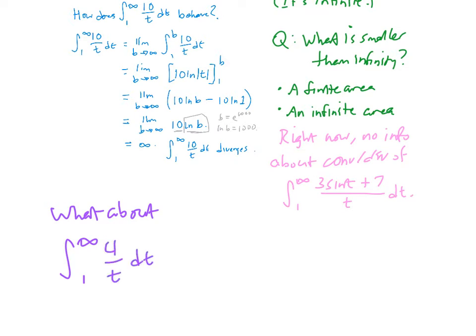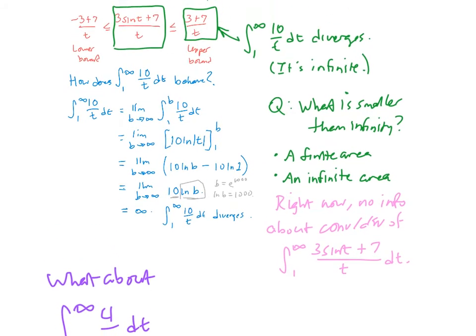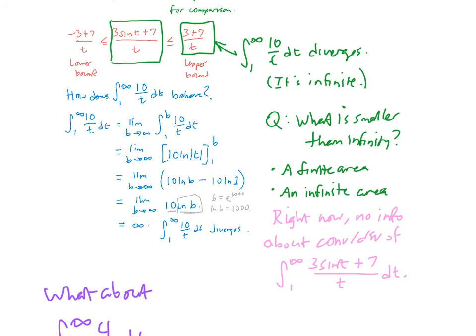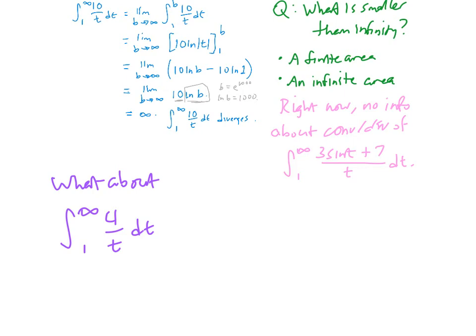That's what this one was. So this lower bound here. So what about that? Well, what does that do?